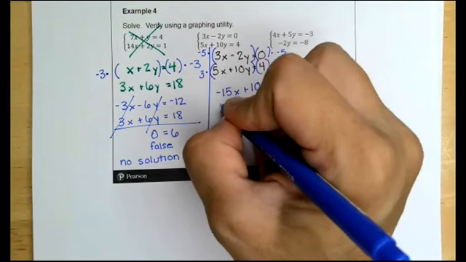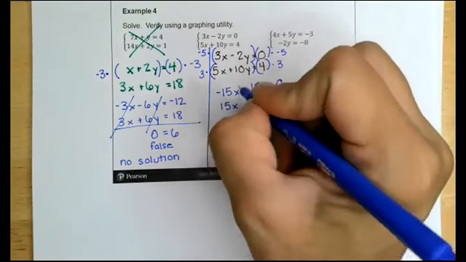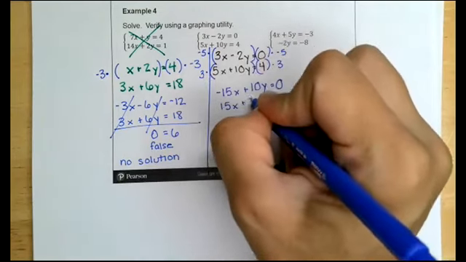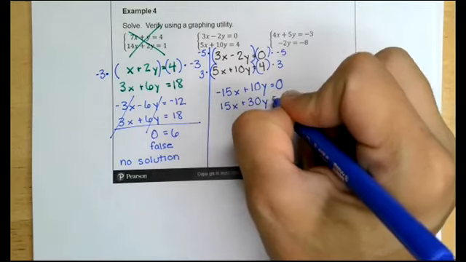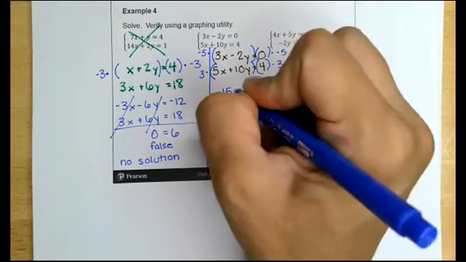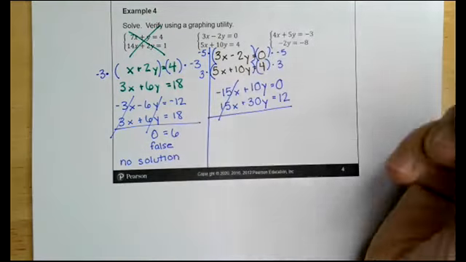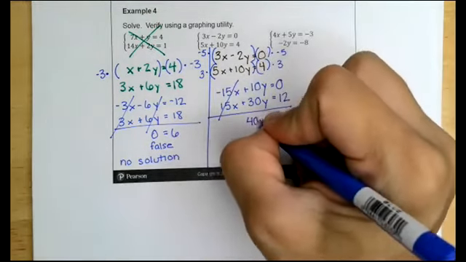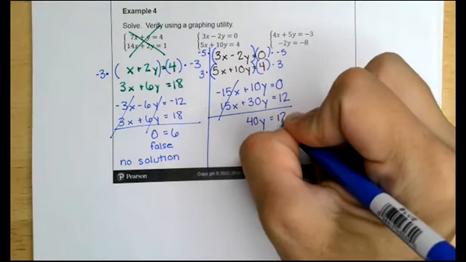5 times 3 is 15. 3 times 10 is 30. And 4 times 3 is 12. We eliminated the x's, good for us. We have a 40y equals 12.